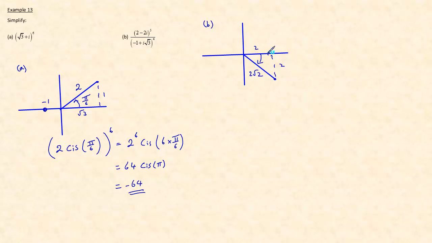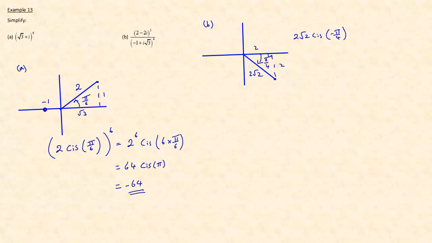And then clearly this is an isosceles right-angled triangle, so the angle here is pi by 4, so that's going to be 2 root 2 cis negative pi by 4. Think about the angle going around this way.